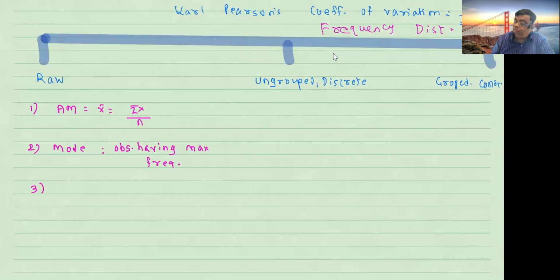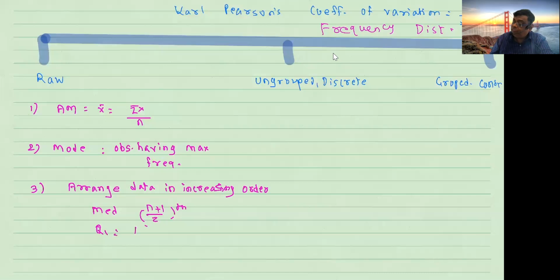For median, what will you do? Arrange the data in increasing order, ascending order, and then median is n plus 1 by 2th observation.